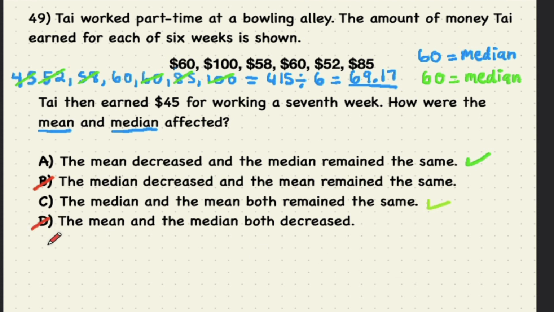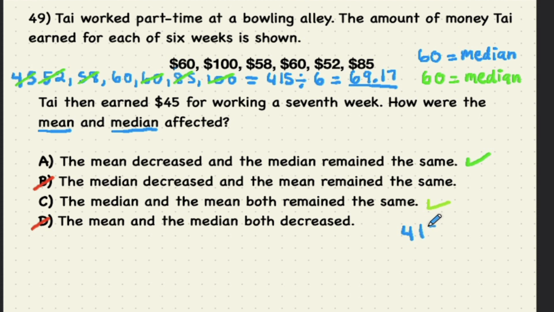Okay, so now what we need to do is, since we have the $45 that's added here, we need to add $45 to the 415 because this 415 came from the total of the 6 values here. So let's go ahead and add that, and then we can determine the answer.